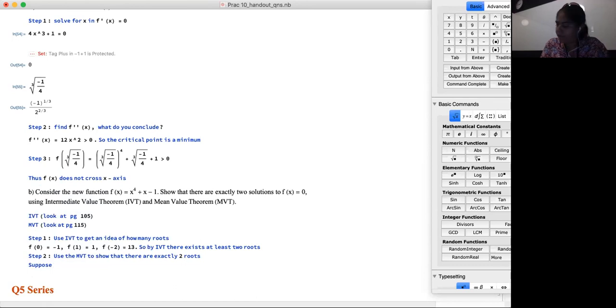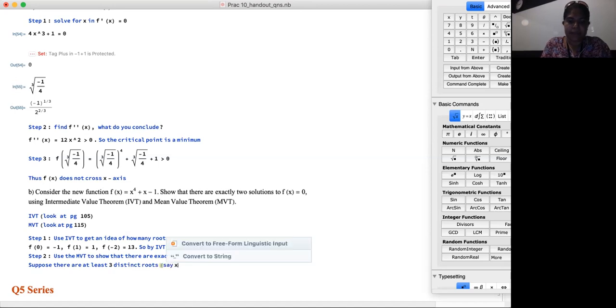Suppose there are at least 3 distinct roots, say x1 less than x2 less than x3.